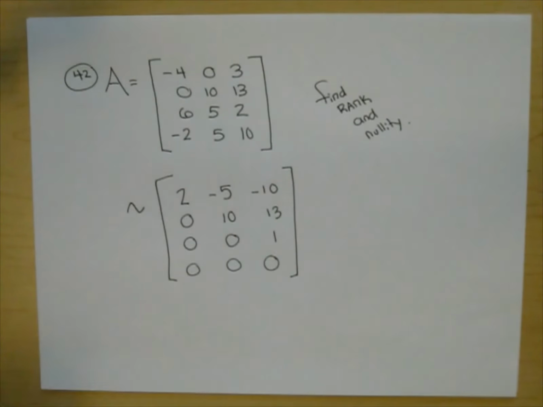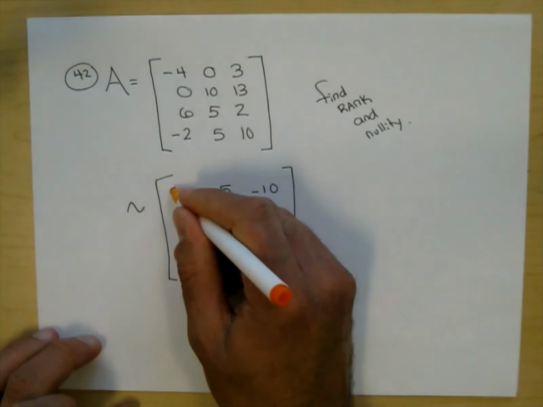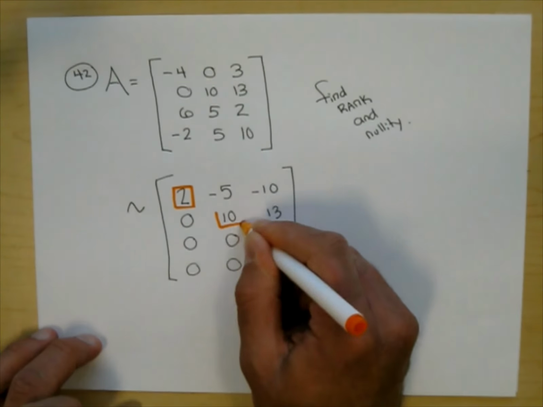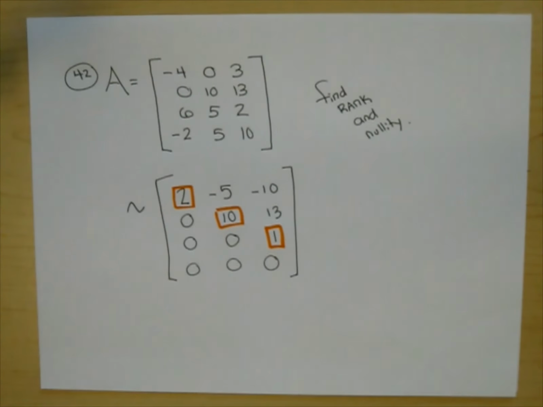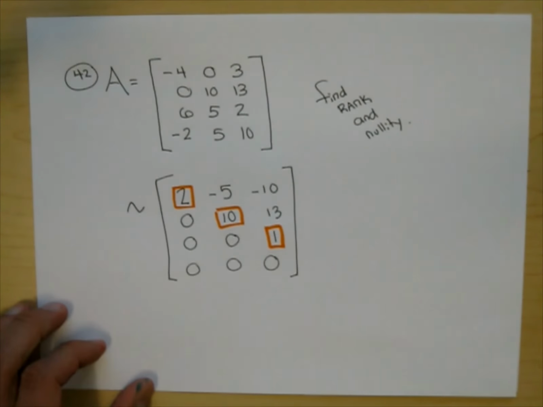This is not in row echelon form because I didn't want to scale this down, so you would end up getting lots of fractions. Okay, so that's what I ended up getting.